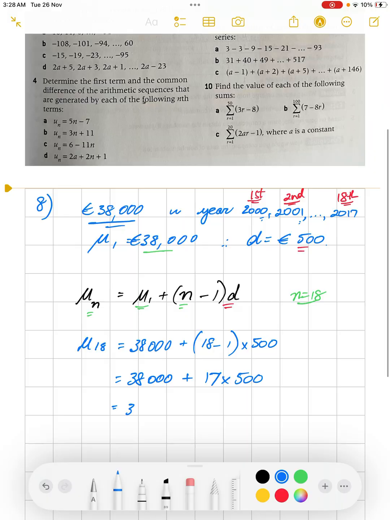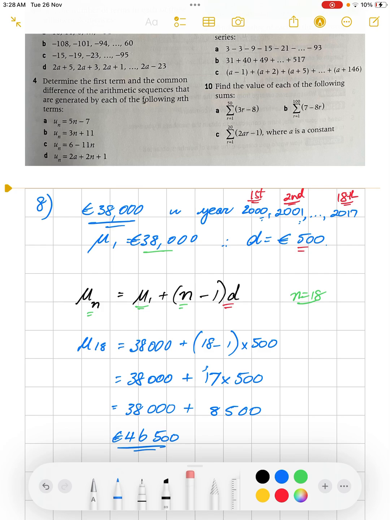And so we've got 38,000 plus 17 times 500, which is 8,500. And so we've got 46,500 euros will be the payment.